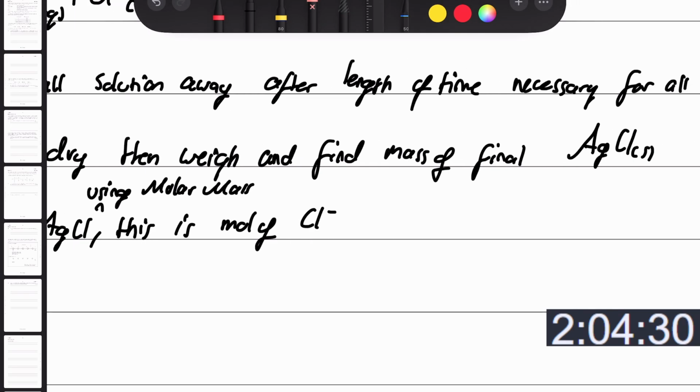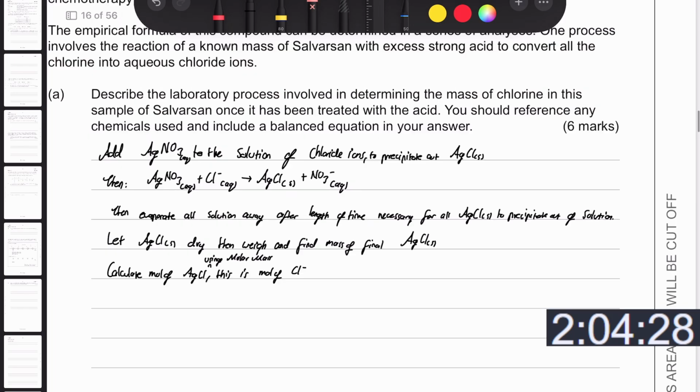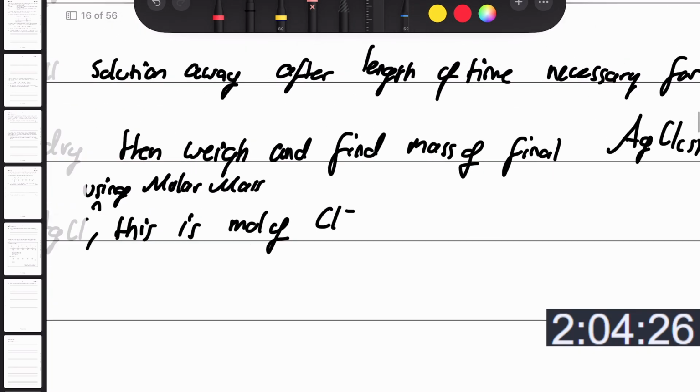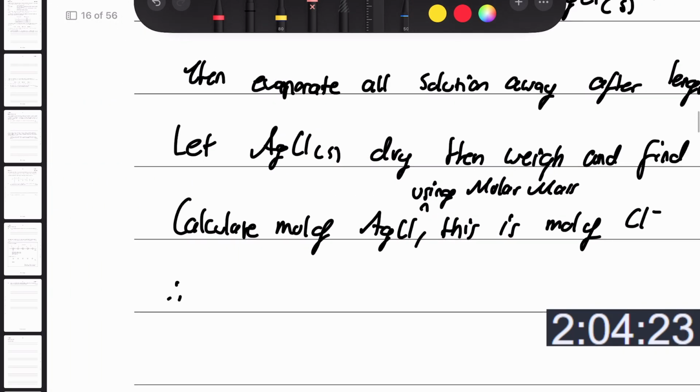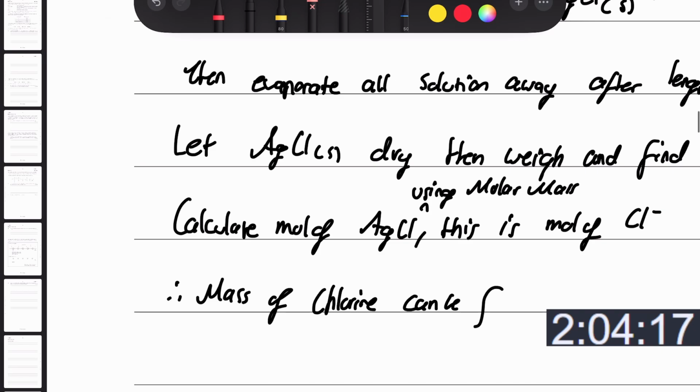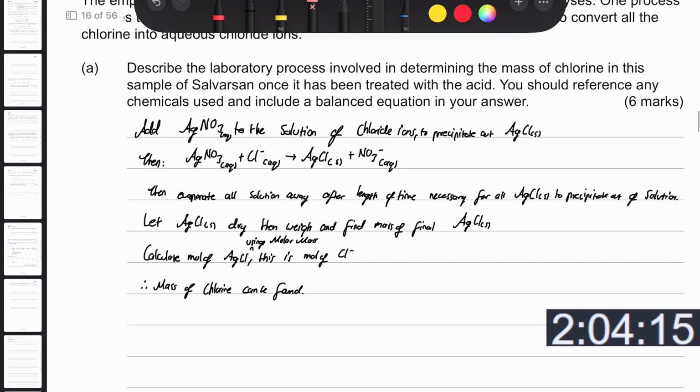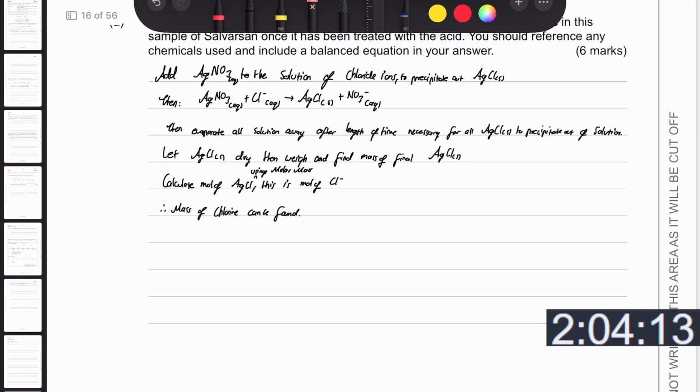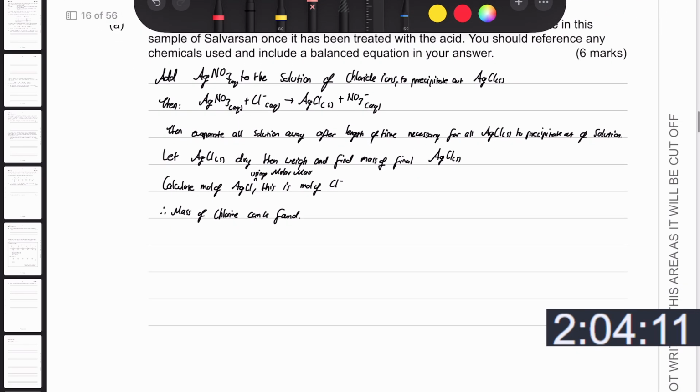This is moles of chloride ions. Therefore, mass of chlorine can be found. Yeah, so you can precipitate it out, and you dry and weigh it, and all of that.